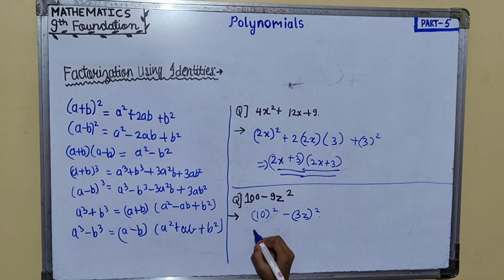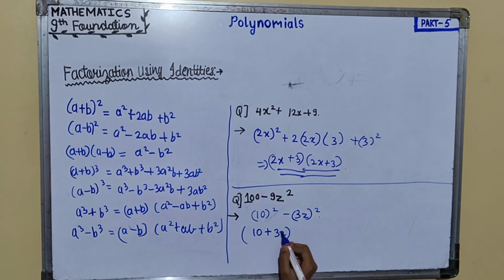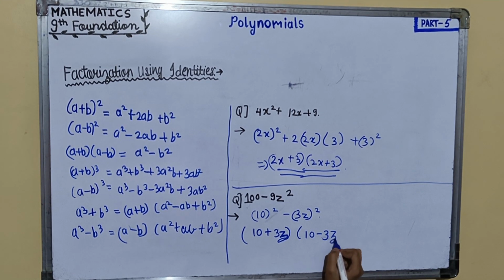It means we can write 10 plus 3z in bracket multiplied by 10 minus 3z gives this value. I hope you understood till this. Like this questions come. You just have to identify the patterns.